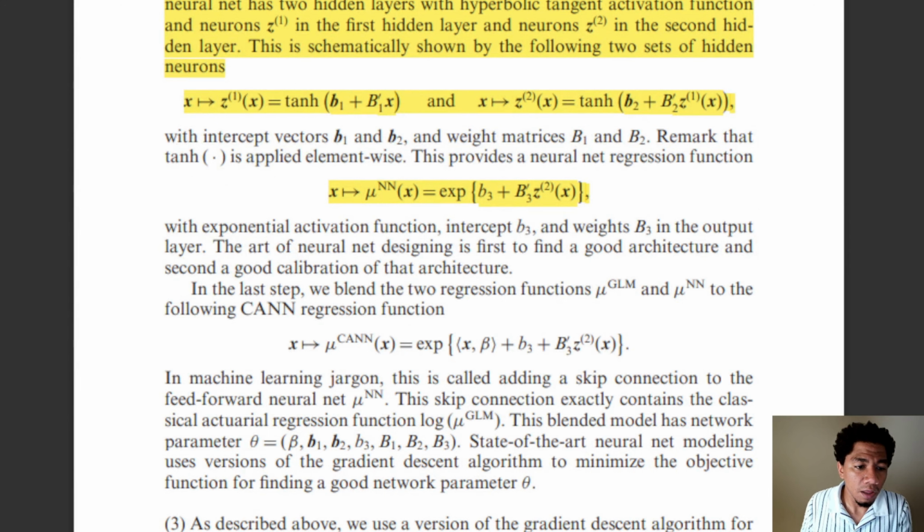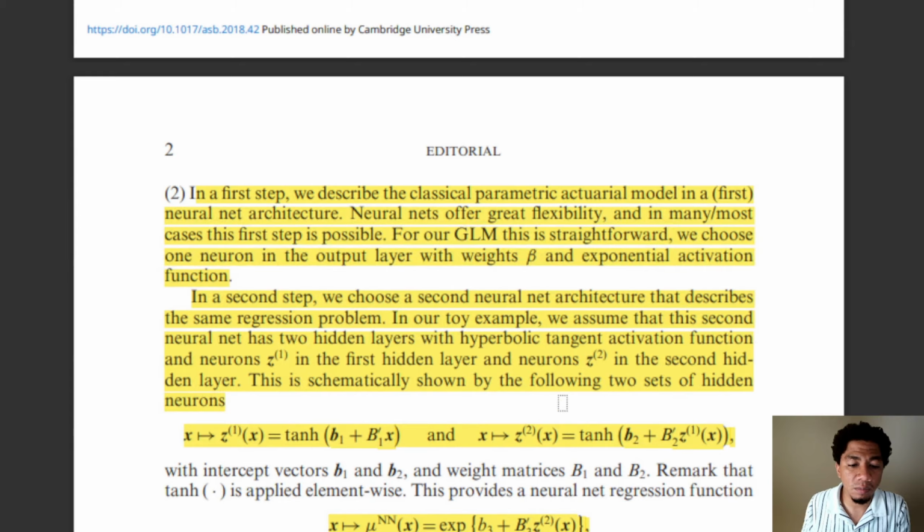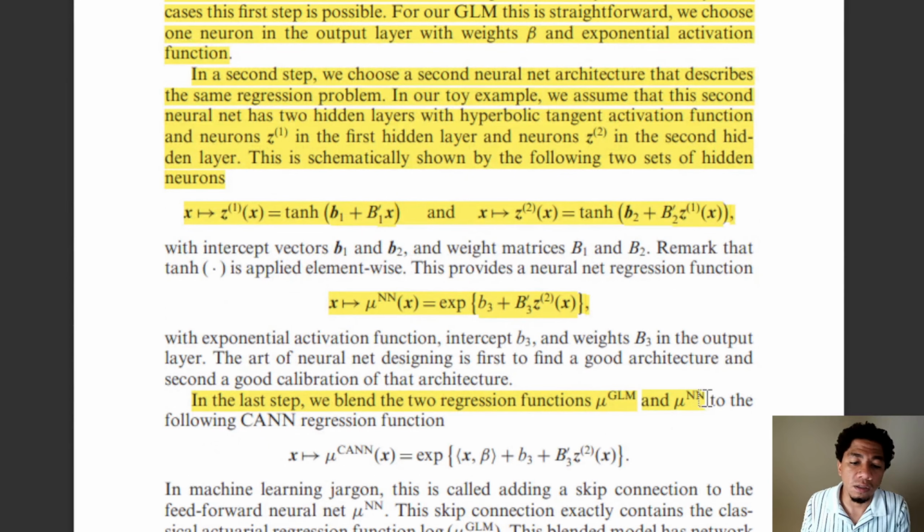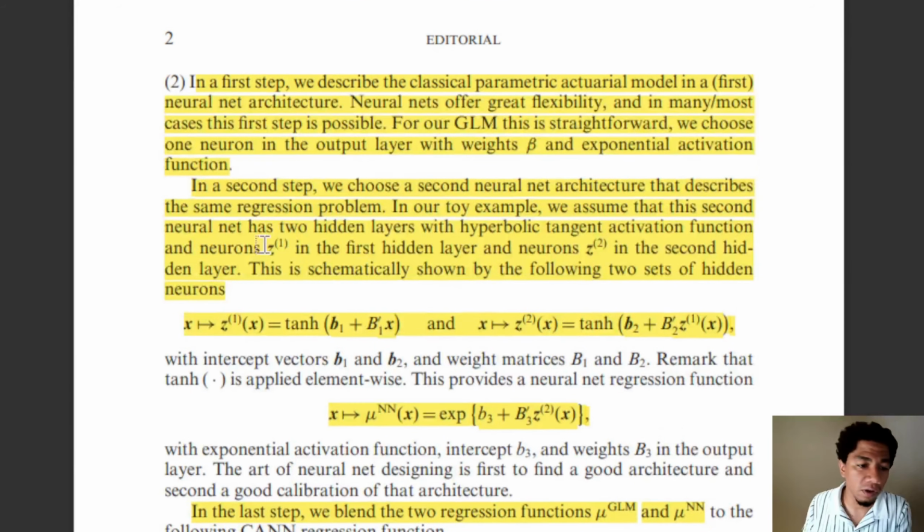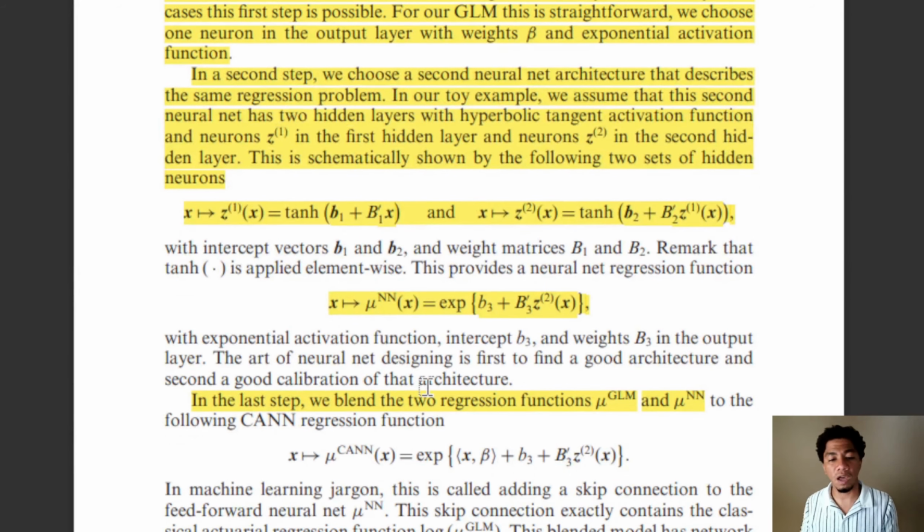Okay, then they say in the last step we blend the two regression functions, right? So we've got the GLM regression function, that's from this first step here, and then you've got the second regression function, which is the neural net regression function from the second step. So then they become blended to then form the CANN, the combined actuarial neural network regression function.